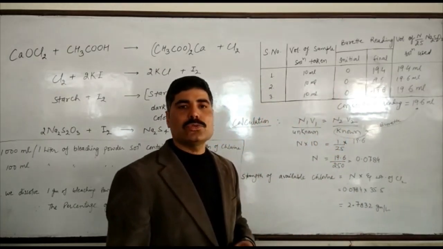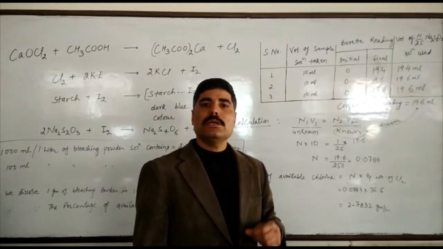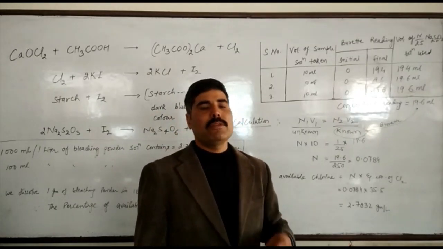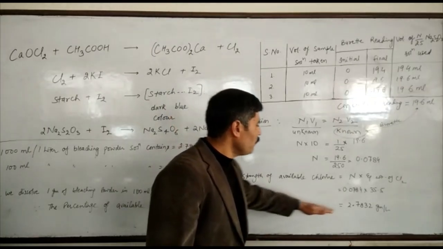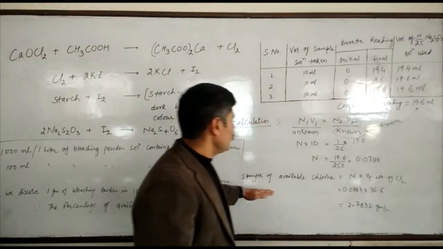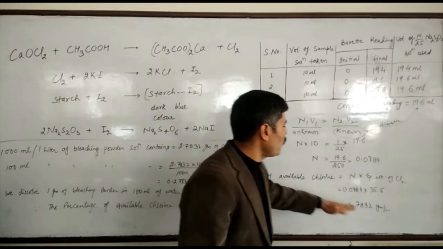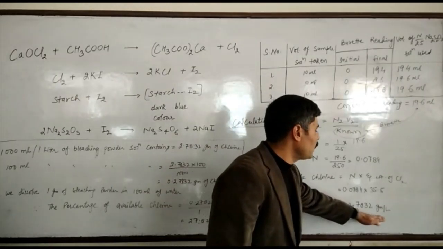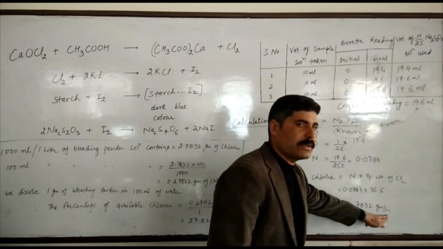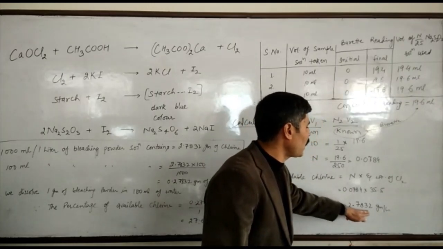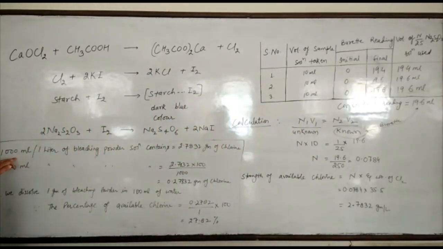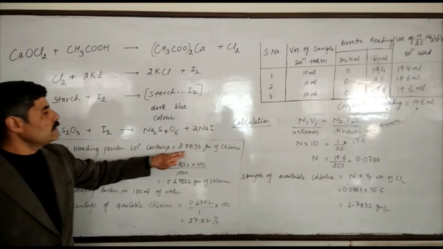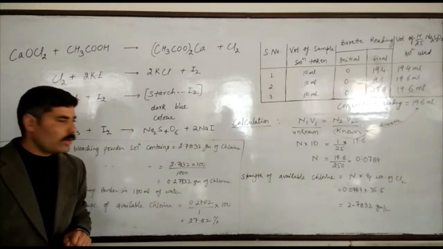But our object is to report the percentage of available chlorine, so we have to calculate it further. This strength means that 1 liter of sample solution contains 2.7832 gram of chlorine. See, 1000 ml, or 1 liter, of bleaching powder solution contains 2.7832 gram of chlorine.